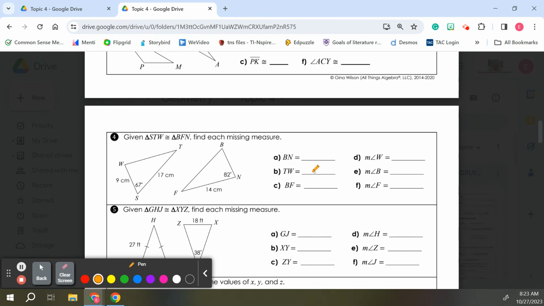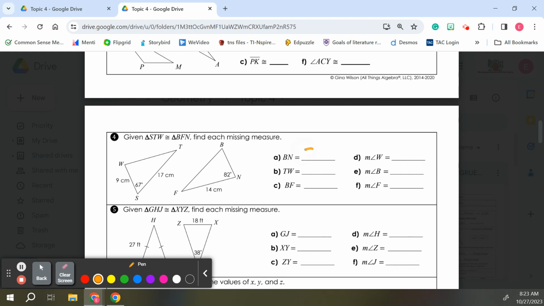All right. So, number 4, we have BN. Okay. And we're saying that's congruent with what? Well, we might have some angle measures. Then again, we might not. It really does kind of depend. Okay. But one thing we can do is that it's saying STW is congruent with BFN. So these line up. So if we're looking at BN, that means SW is the corresponding side.